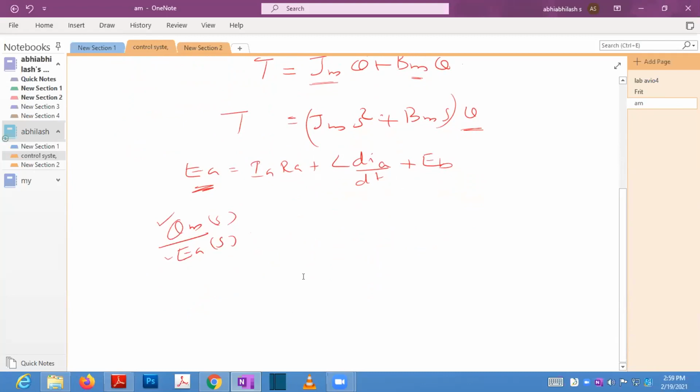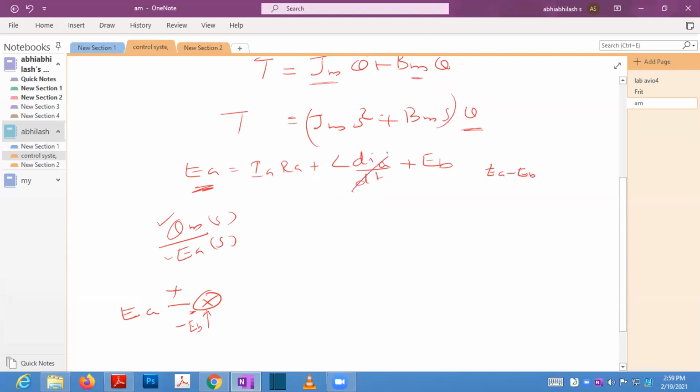It is very easy. You are applying a voltage Ea, and this Eb is subtracting from here. Suppose this is Eb, so the negative sign is here. So Ea minus Eb.